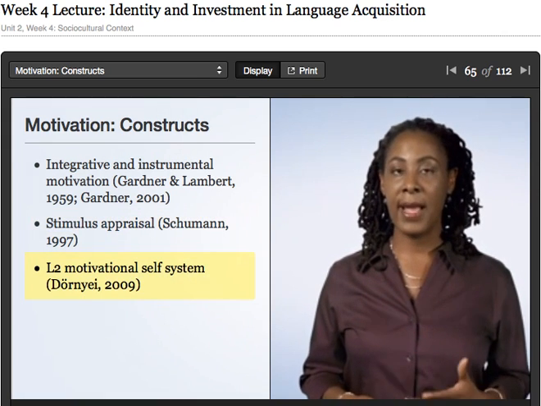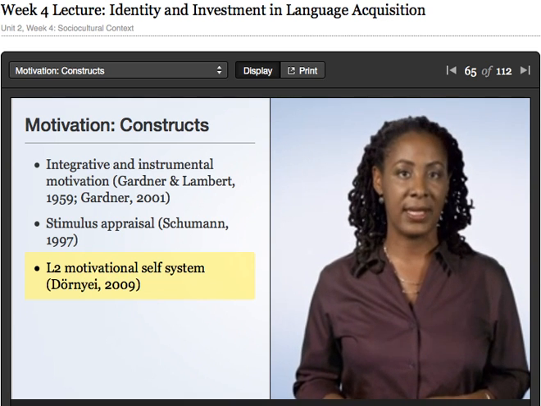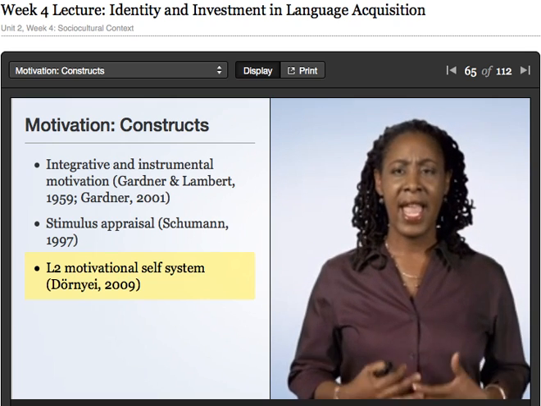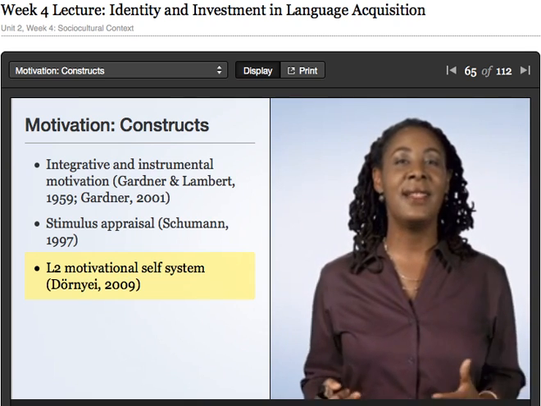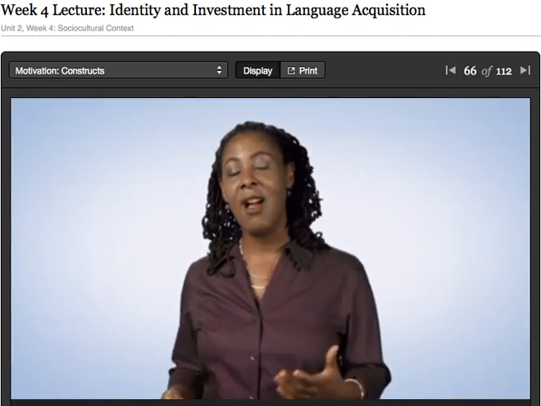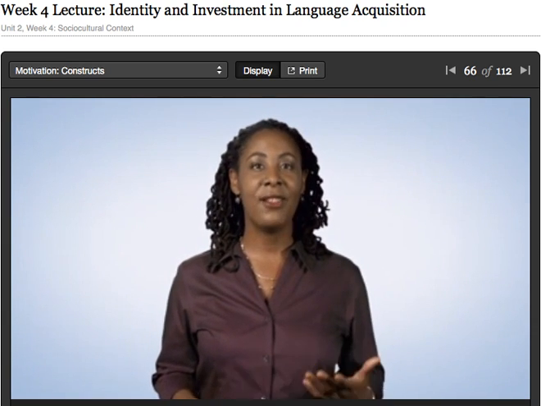And then Dornyei finally talks to us about the second language, the L2 motivational self system. And this would be the learner's goal-oriented choices and strategies to fulfill what they imagine is this idealized future second language speaking self. So these constructs of motivation so far are very psychological. Right?